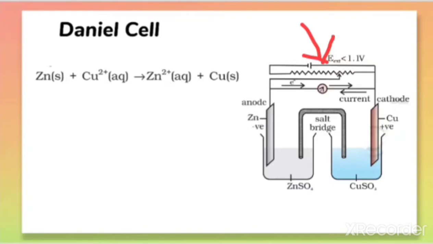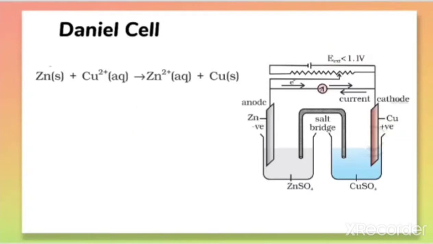It is observed that the reaction continues to take place till the opposing voltage reaches the value of 1.1 volt. When the external potential is lesser than 1.1 volt, the reaction continues in the same manner.